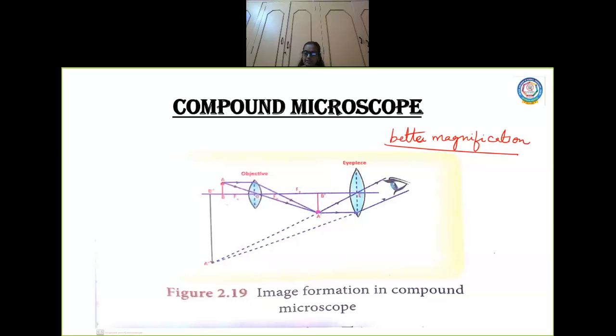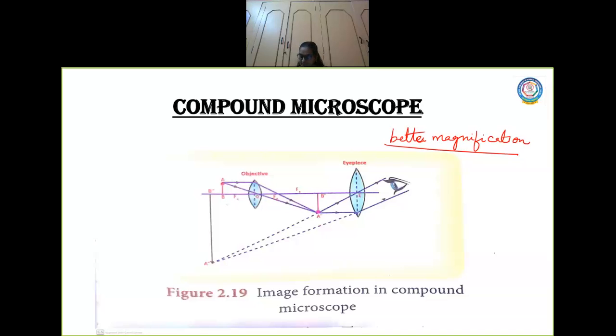When the object is placed between F and C, where will the image be? Here, this is F, and this will be C somewhere. So the object is placed between F and C, and the image will be formed beyond C.